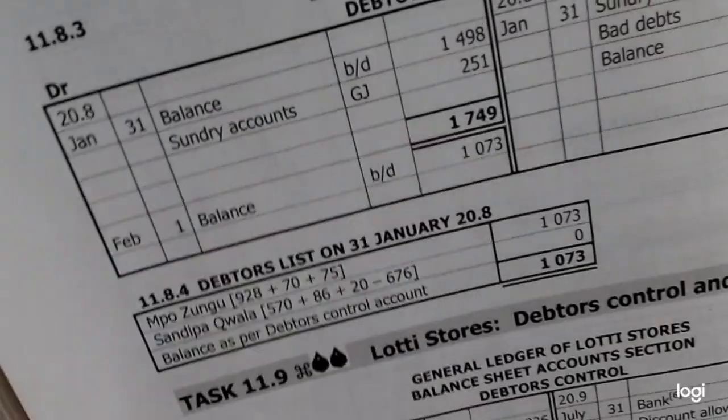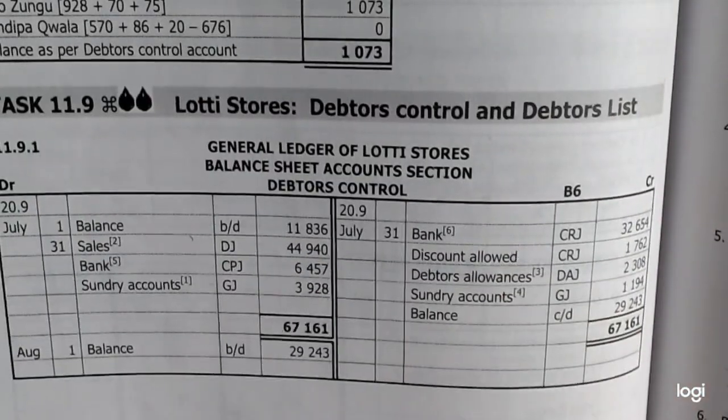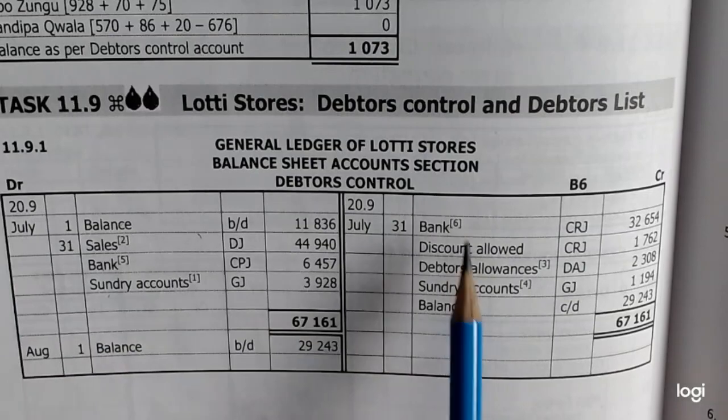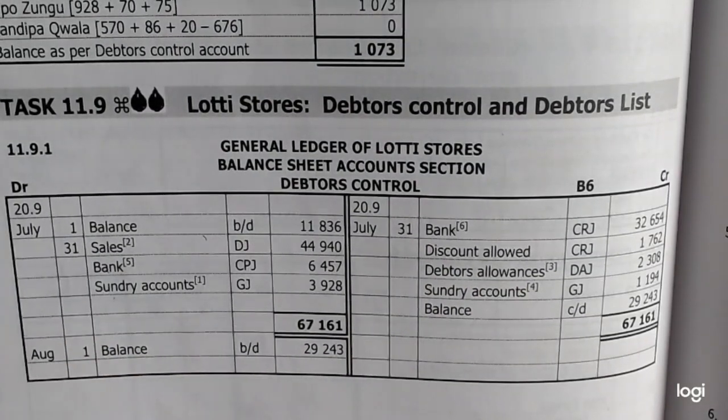Let me just show you. If you take your workbook, and you do this in your workbook, you will see what we have done here. Okay, so this is where we are. So we have the original details from the information given to us. Just show you again.